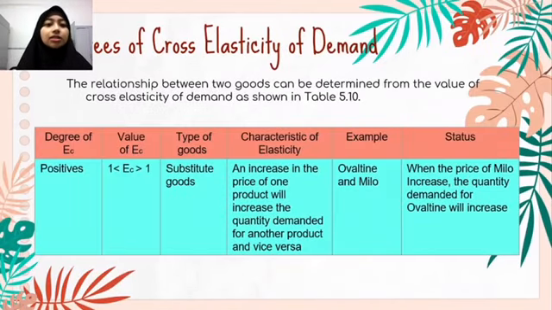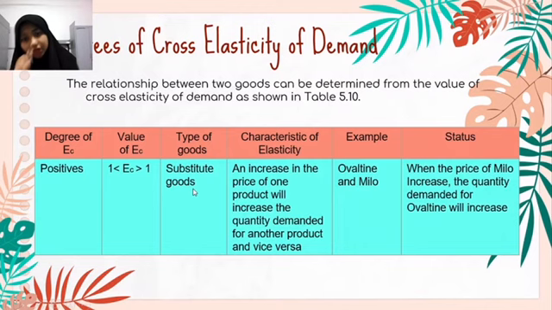Next is the degrees of cross elasticity of demand. The relationship between two goods can be determined from the value of cross elasticity of demand as shown in Table 5.10. The degree of EC is positive, the value of EC is greater than 1, and the type of goods is substitute goods.